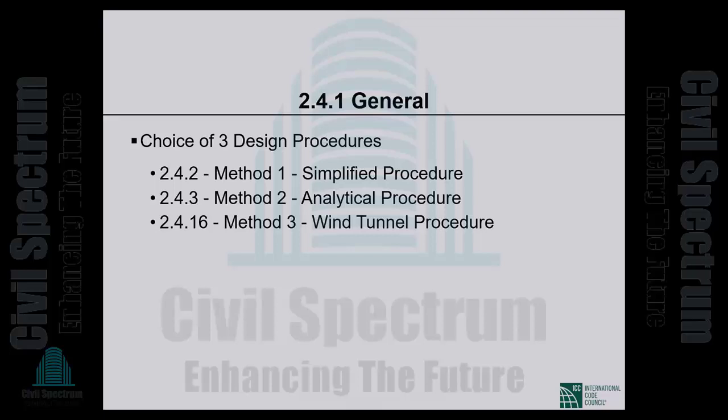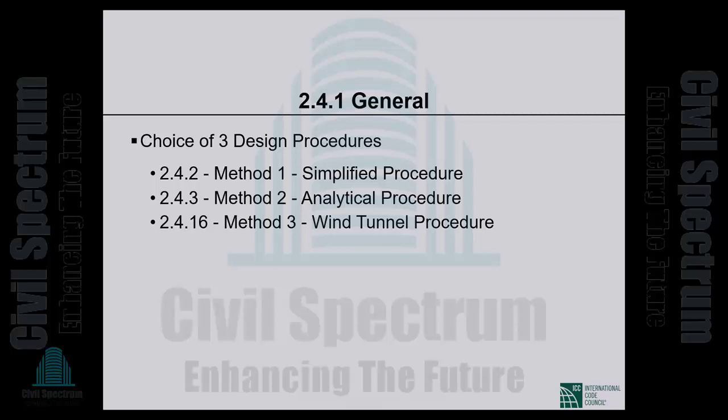There is a second method that is a much more recent entry, that is a low-rise analytical procedure that came from testing sponsored by Metal Building Manufacturers Association done at the wind tunnel at the University of Western Ontario in London, Ontario. The name has very recently changed, but that's immaterial.